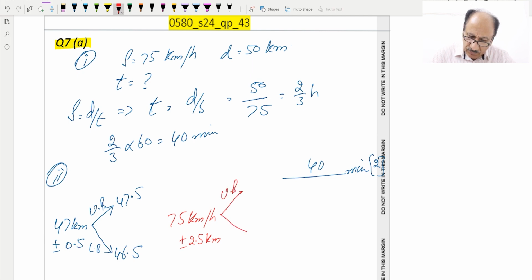So upper bound will be equal to 77.5 and lower bound will be 72.5. So we got lower bound, upper bound also, and then they are saying calculate the lower bound of the time taken. So what we require is lower bound of time taken. This one we need to calculate. Give your answer in minutes.